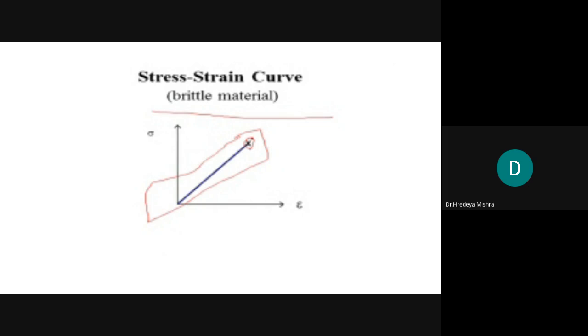For the brittle material there is no plastic deformation. After elastic deformation, only breaking is there. The material fractures without showing any plastic deformation, so there is no scope of plastic deformation in a brittle material.